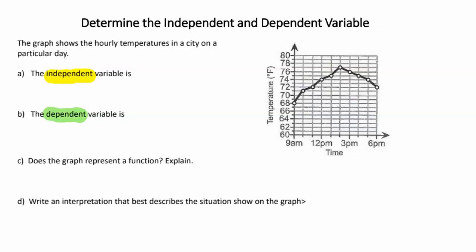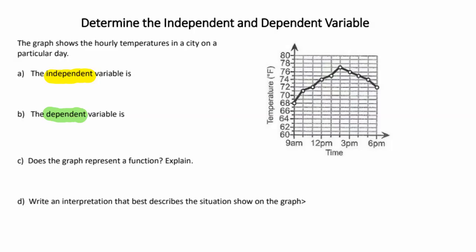Well, I'm given a graph. Also, it says the graph shows the hourly temperature in a city on a particular day. Okay. But if you remember a couple slides back, the independent variable is time.